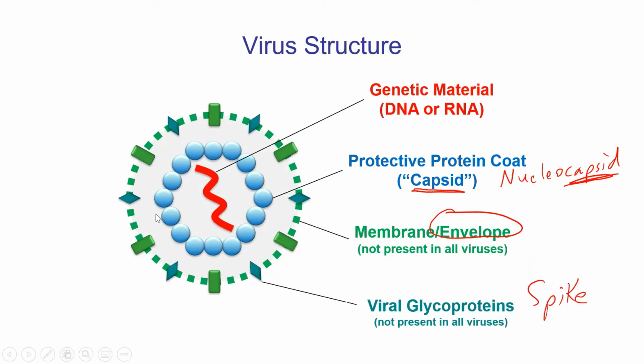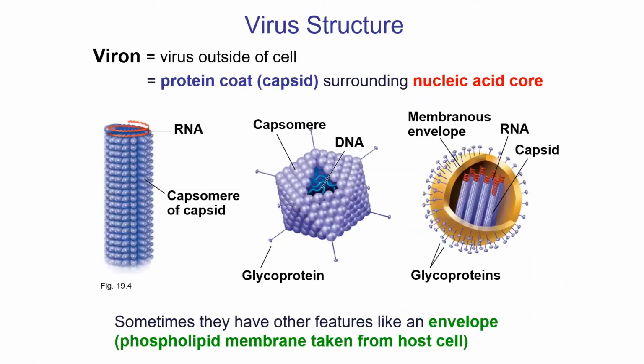So that's kind of your basic virus structure. I'll show you some pictures of a few different ones here now and show you all the variety that you can find in viral structures. So here's a few different ones, and if you look at those things we just talked about, there's the genomes, so the DNA or RNA. They all have capsids surrounding that, and the one on the right has the envelope as well.